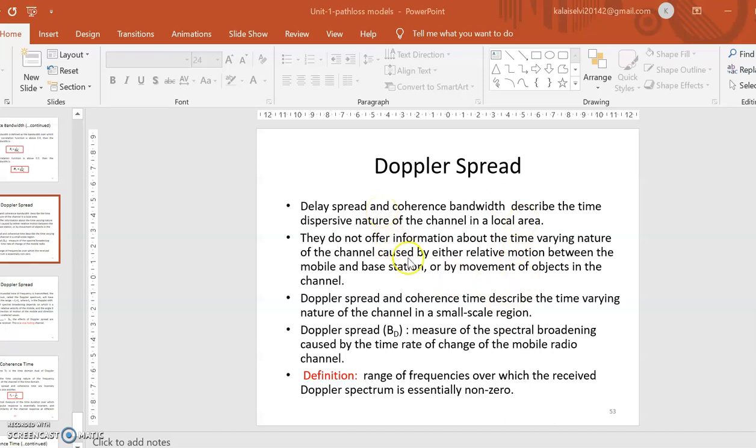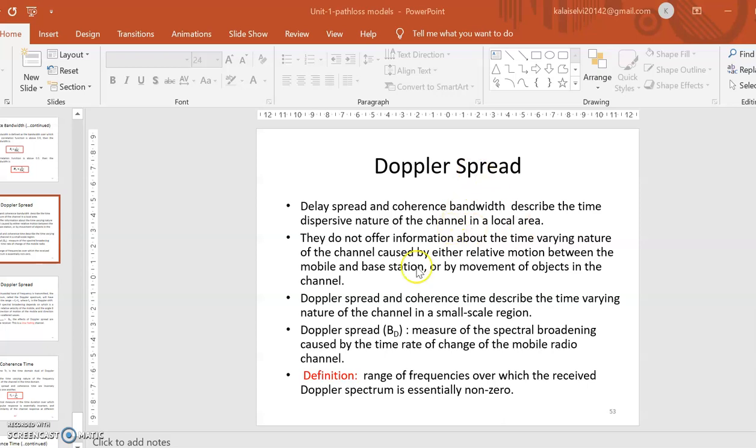There is a relationship between the time delay spread and the coherent bandwidth. These two describe the time dispersive nature of the channel. That is how the signals spread in time.